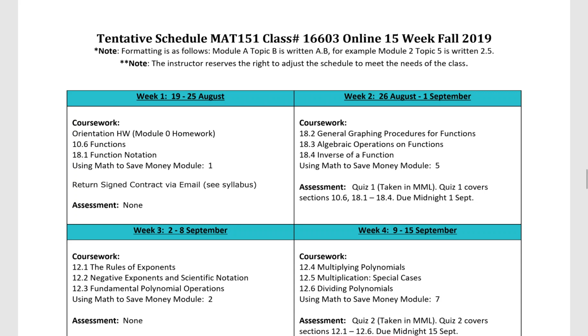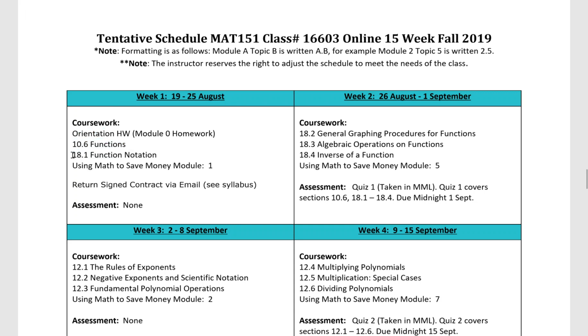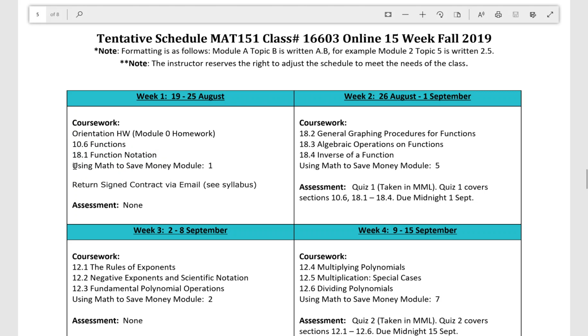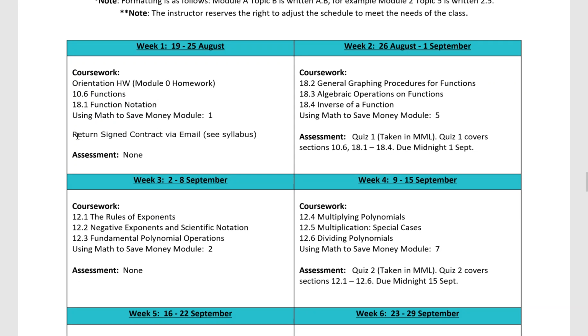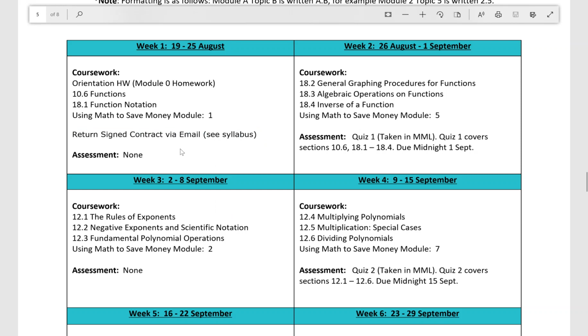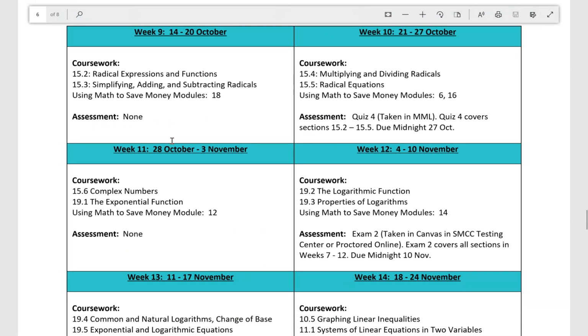So for example, week 1, you'll need to do the orientation homework, 10.6, 18.1, and Using Math to Save Money Module 1. And you also need to return the signed contract to me via email. So there's the schedule.